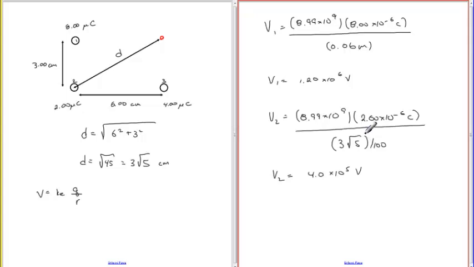Oh, I see I made a mistake again. Let me make sure I got that right. Okay, yeah, I have to multiply by 2 and divide by 3. Okay, there we go. What I was noticing was it should be at least 1/4, and even more than 1/4, and it was actually the other way around, so I realized I had transposed some numbers. So it's 2.7 times 10 to the 5th.